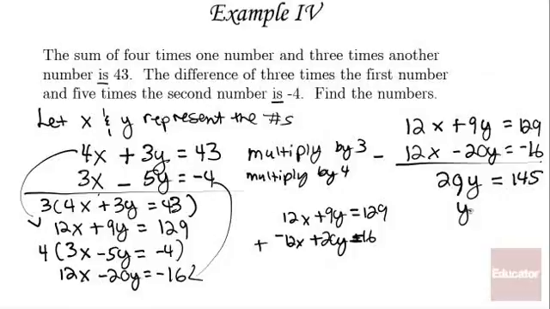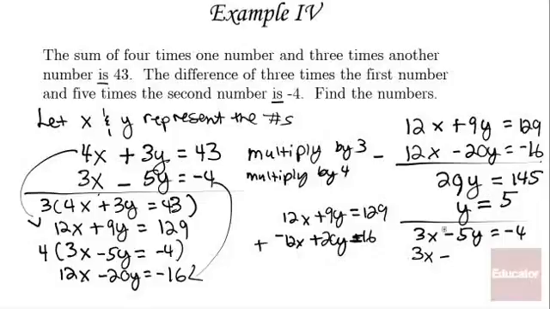Dividing both sides by 29, y equals 5. Now that I have y equals 5, I'm going to substitute this 5 back in, and I'm going to go ahead and use the second equation here. 3x minus 5y equals negative 4, which would be equal to 3x minus 5, substitute 5 in, is going to give me 3x minus 25 equals negative 4.